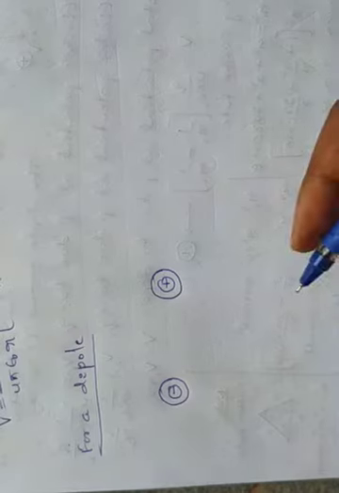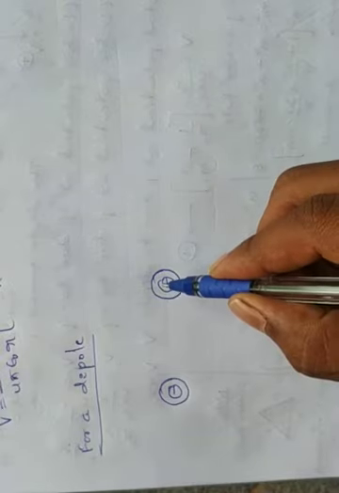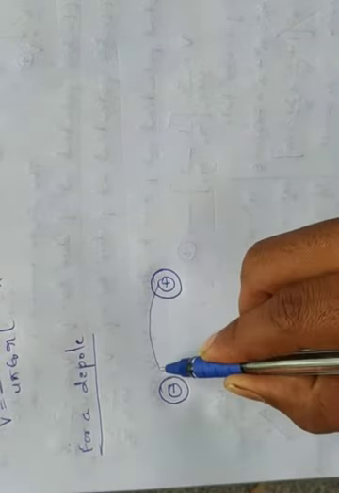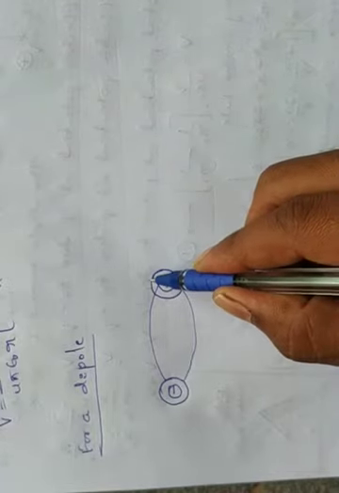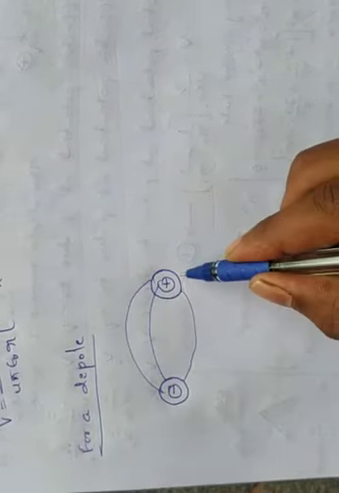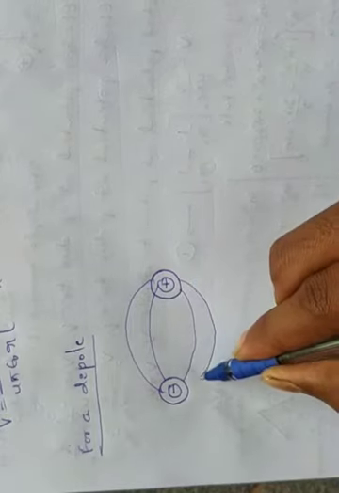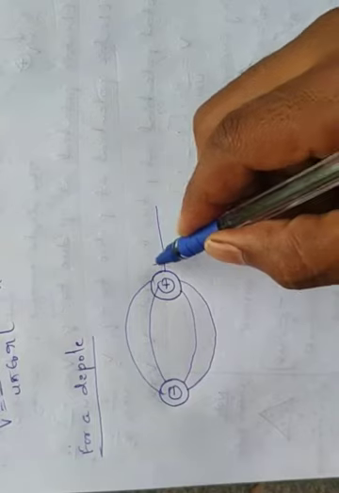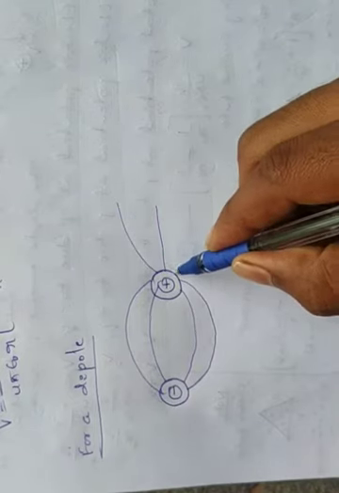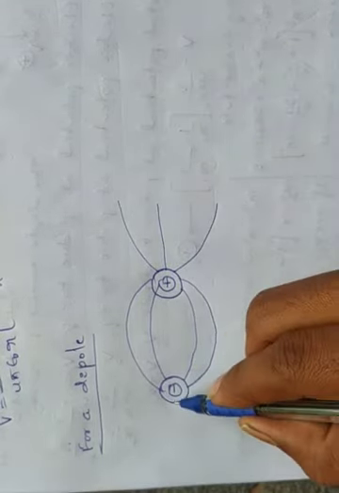For that, we know that the electric field lines go from positive to negative like this. These are the electric field lines.